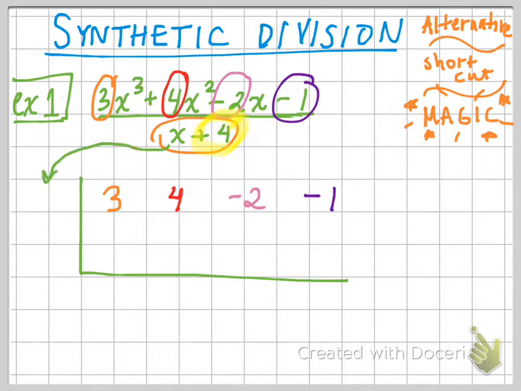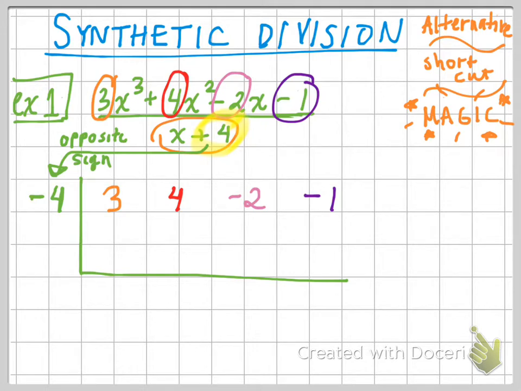But let me fix what I just did. Instead of taking a plus 4, I'm going to take a negative 4. Whatever sign I see in front of the number, I'm going to take the opposite sign. In this case, it was positive 4, so I'm going to write a negative 4.